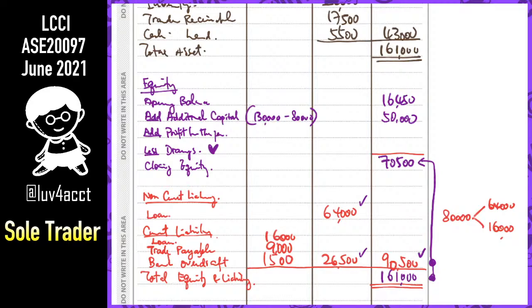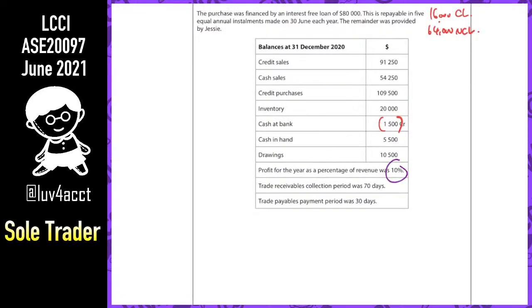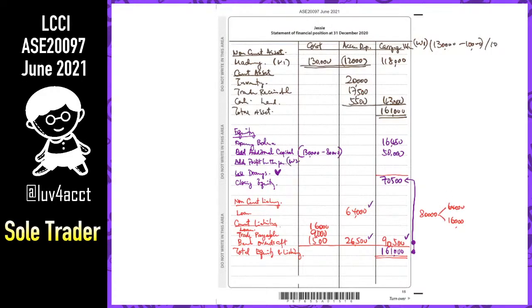Profit for the year, we have been given that it is 10% of revenue. So calculation needed, credit sales and cash sales. So working number 2 here.